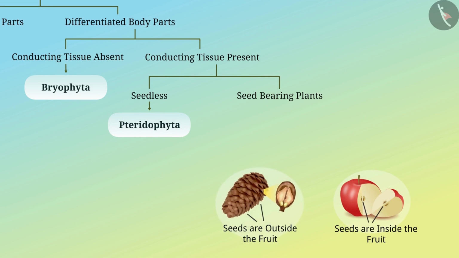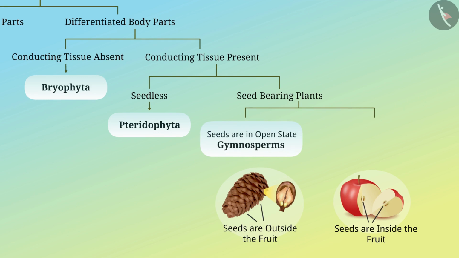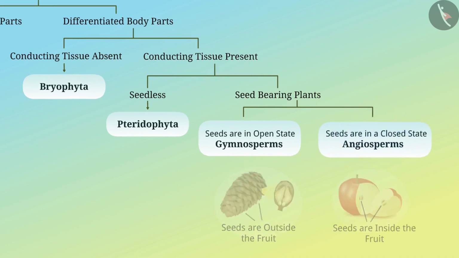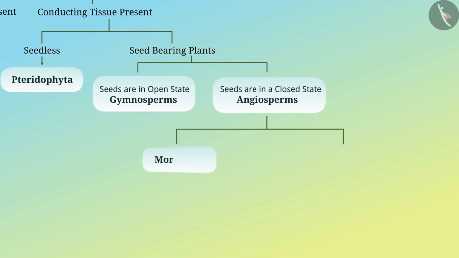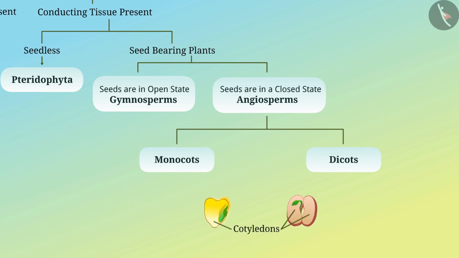Plants whose seeds grow outside of the fruit, that is, if seeds are in open state, are called gymnosperms, and those plants whose seeds grow inside the fruit, that is, the seeds are in closed state, are called angiosperms. Angiosperms can be classified into monocots and dicots based on the number of cotyledons.